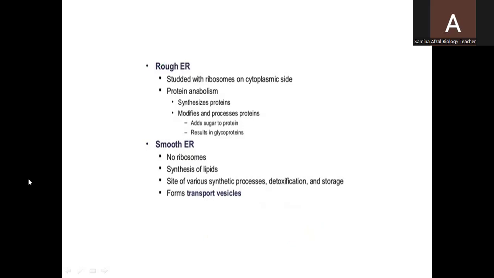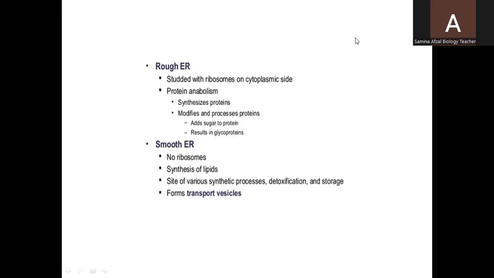As already told, the rough endoplasmic reticulum has ribosomes studded on it, on the cytoplasmic side. The function of rough endoplasmic reticulum is to help in protein synthesis, because the function of the ribosomes is protein synthesis. They not only synthesize protein but also modify the protein formed here.